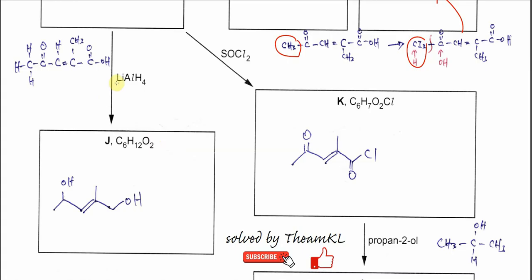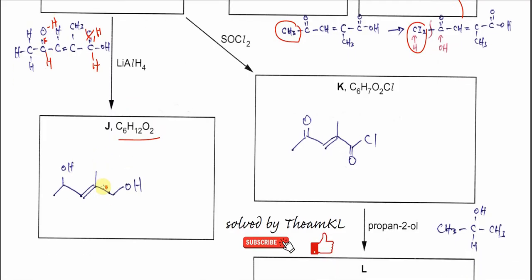The carboxylic acid needs to get reduced, so this one removes oxygen and adds 2 hydrogens, and this double bond breaks, adding 1 hydrogen here and 1 hydrogen there. So overall it removes 1 oxygen and adds 4 hydrogens. So you get J, which is this compound, right?